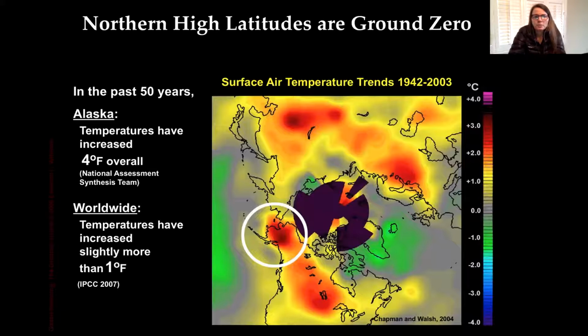The northern high latitudes are considered ground zero for climate change. And the reason for this is because these areas have a strong seasonality, and the temperature increase in those areas has been twice to three times as fast as the rest of the planet. These areas, during the winter, there's a lot of snow.